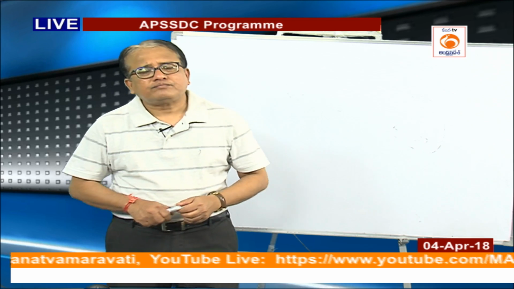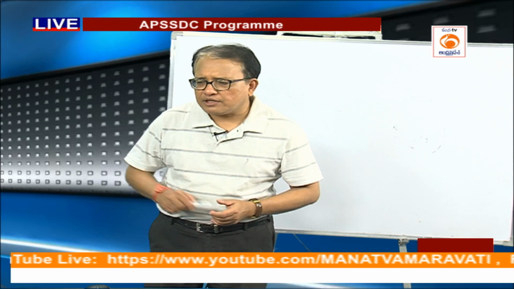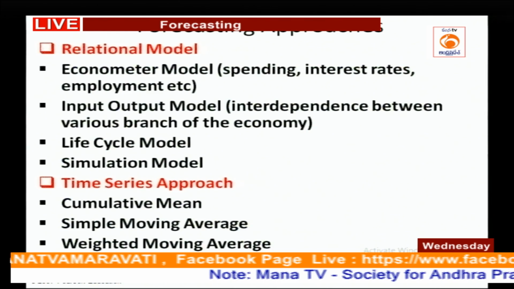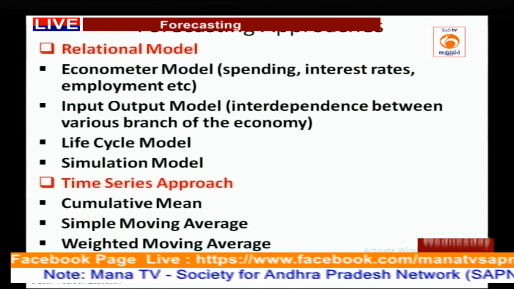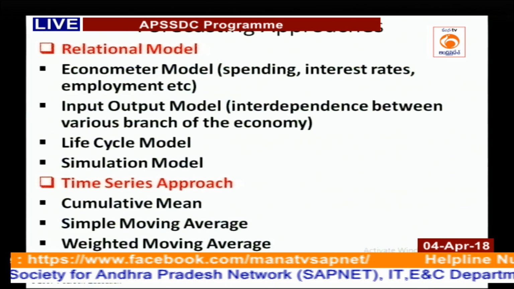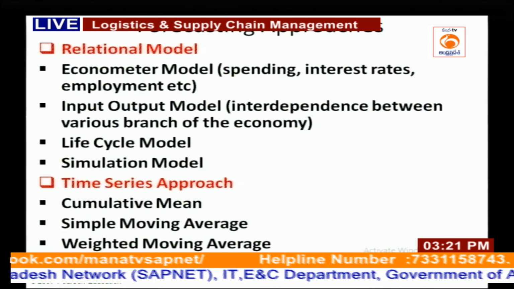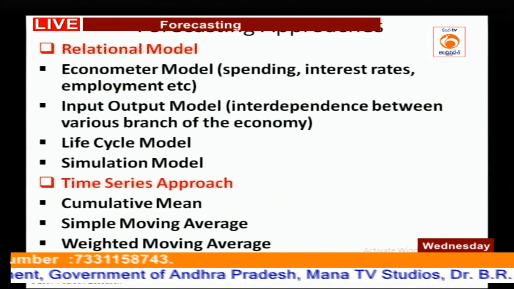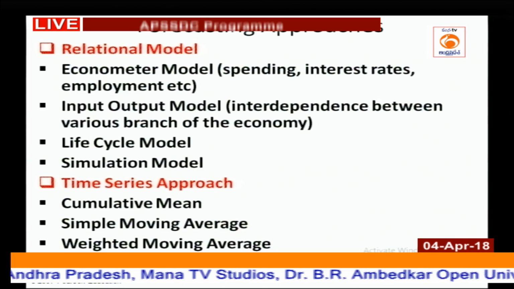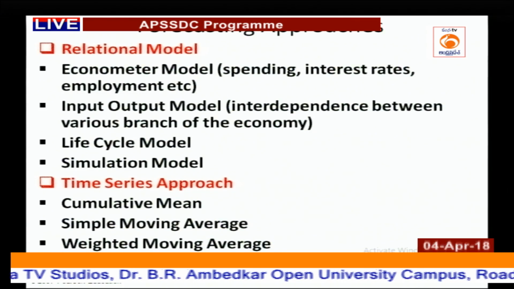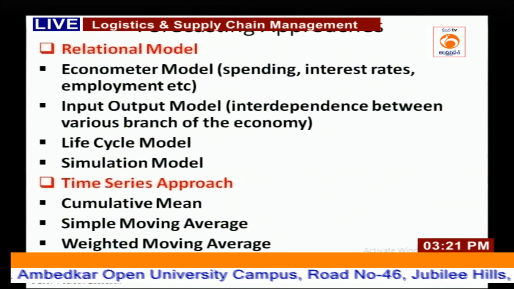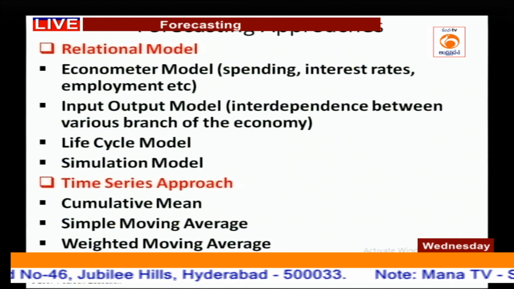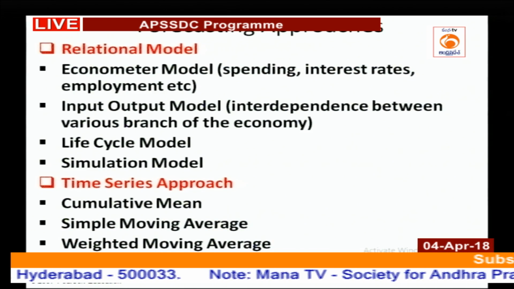Next approach, relational and time series. If you see, the relational has econometric model, input output model, life cycle model and simulation model. Econometric model depends upon the spending power of consumers, interest rate, employment, etc. For instance, there is a relationship between interest on house loans and purchase of properties.